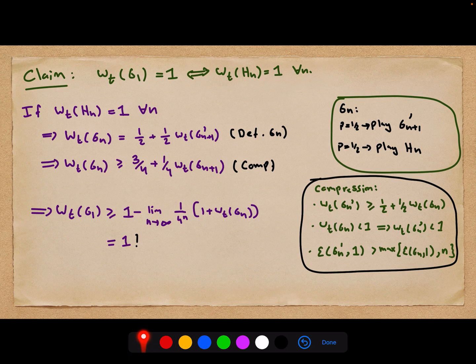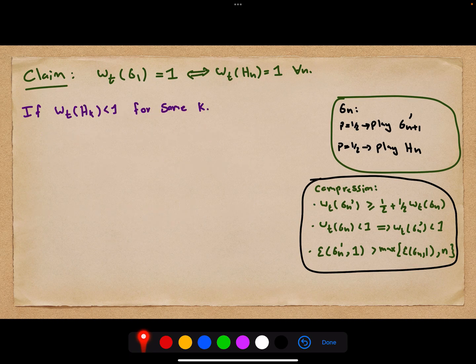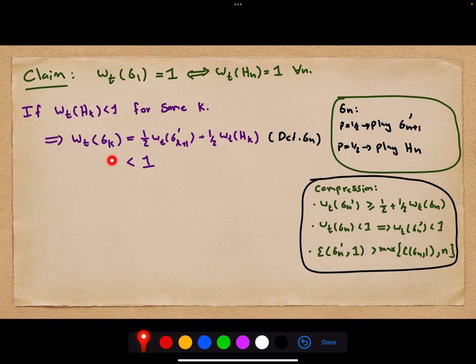Perfect. On the other hand, if at least one of the original family games has a value that's less than 1, say for some k, Hk has a value that's less than 1, then by definition we know that the kth game in our new family also has a value less than 1, since it's just a half times something bounded by 1, the value of the compressed game, plus a half times the value of the kth original game, which we know is less than a half now.